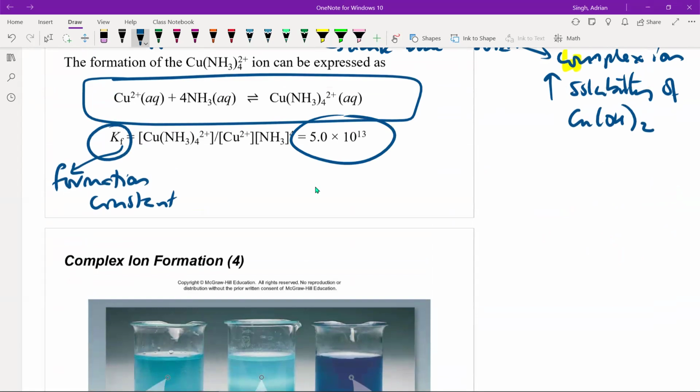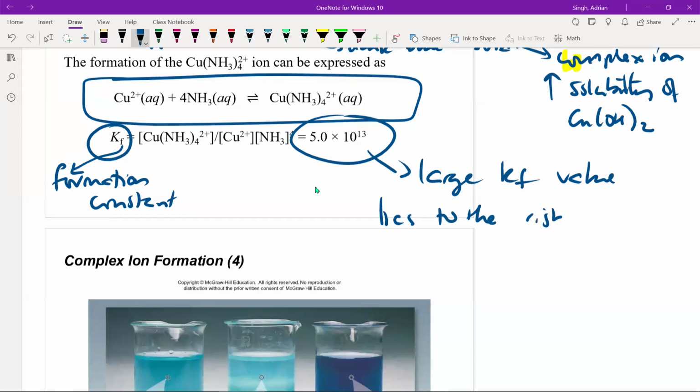You'll notice this is a very large Kf value, and that means this equilibrium lies to the right. In solution, we'll have a very, very small concentration of the stuff on the left, which would be the copper ion at equilibrium.